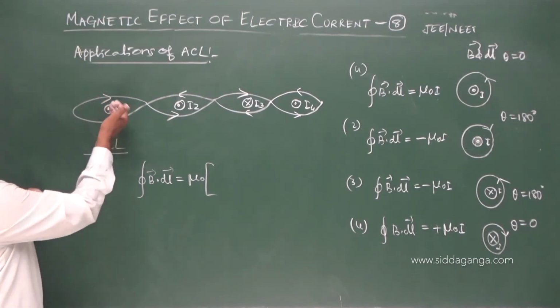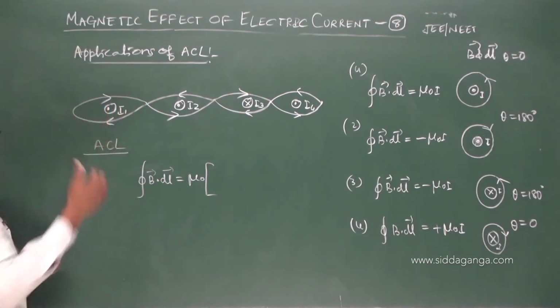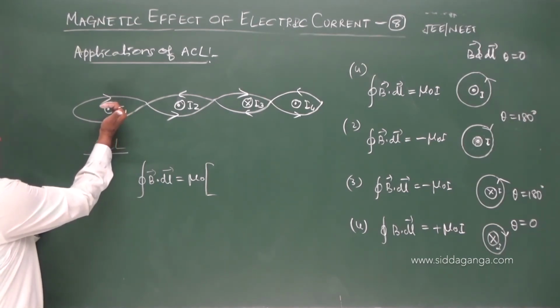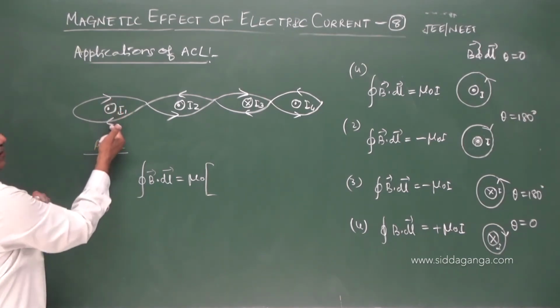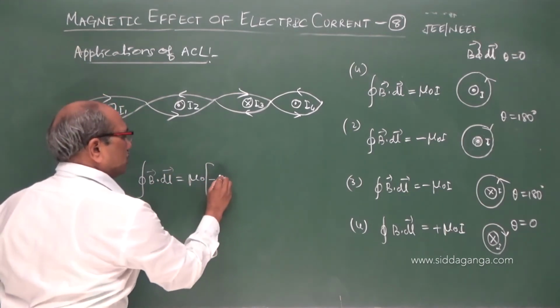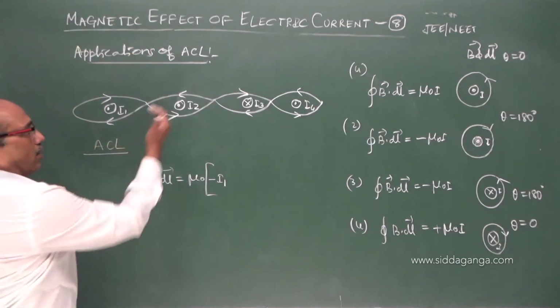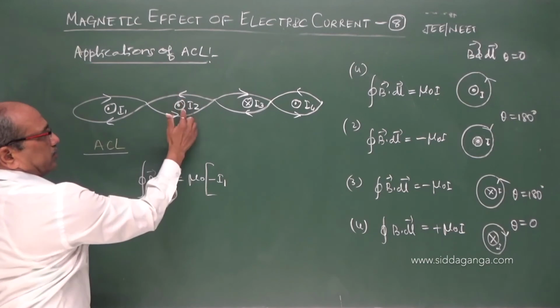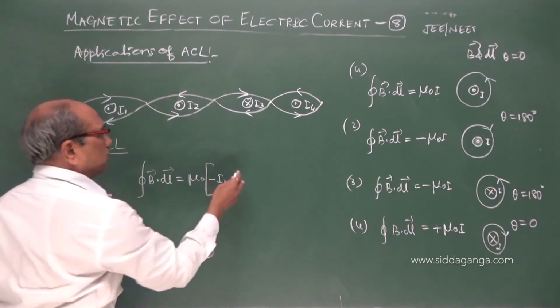Now current is outward. The current is outward. Therefore we have to select, but it is clearly visible. It is opposite, but current is outward. Therefore it is minus I1. Again you see outward. Now this is right, anti-clockwise, and also current outward, that is plus I2.